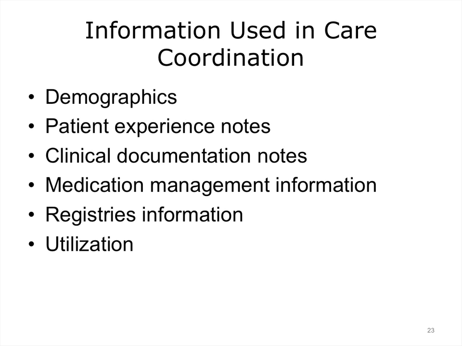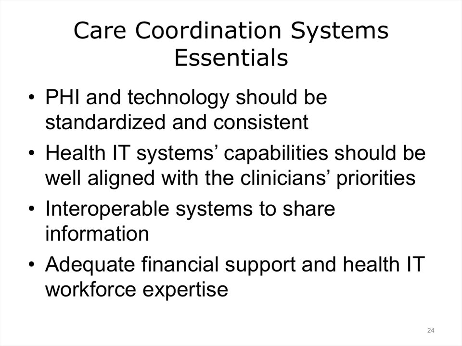Information used in care coordination may include demographics, patient experience notes, clinical documentation notes, medication management information, registries information, utilization, and more. Care coordination system essentials include the use of patient health information and technology systems to support care coordination, which should be standardized and consistent.